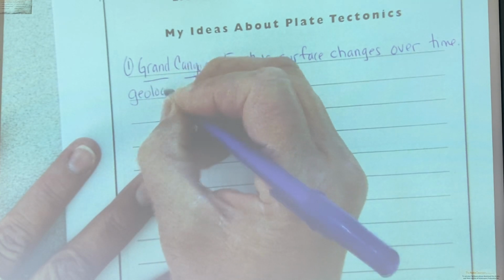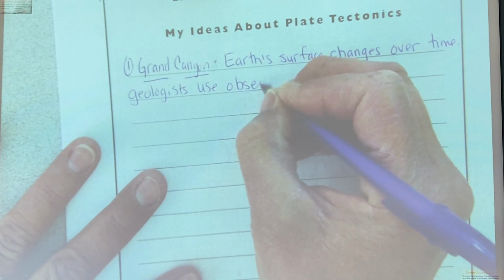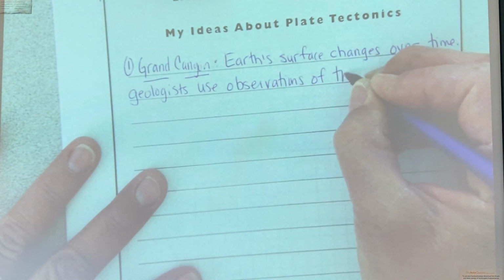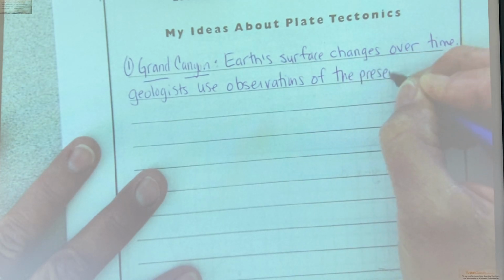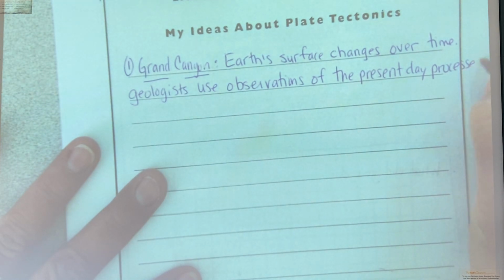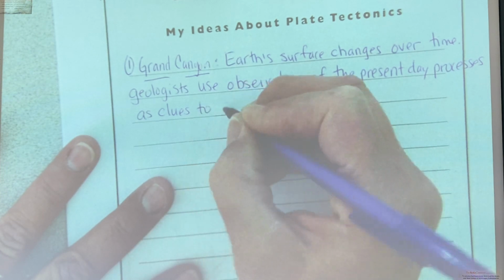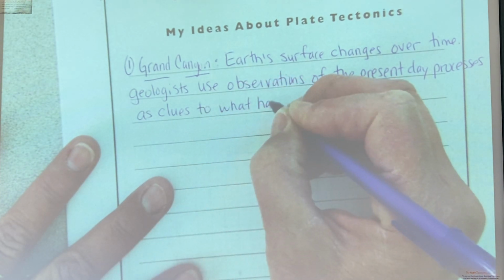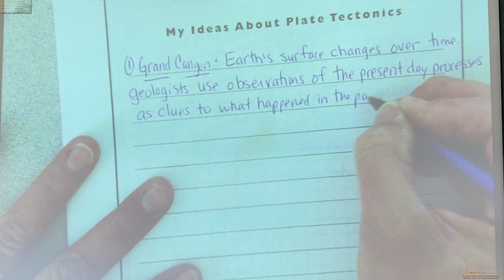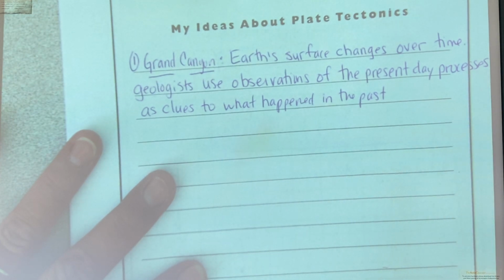Geologists use observations of the present day processes as clues to what happened in the past. Remember, it took a lot of energy and a lot of time to form the Grand Canyon.